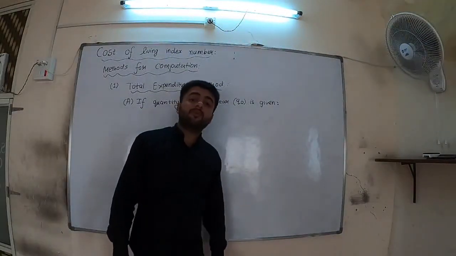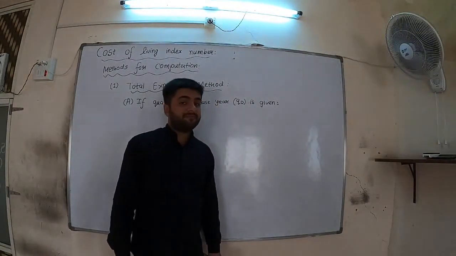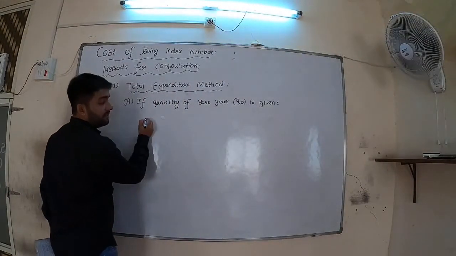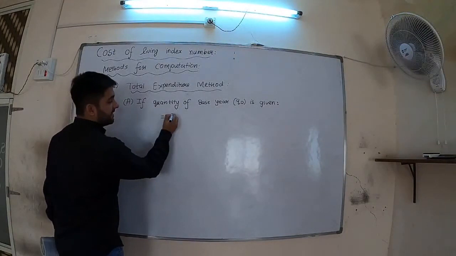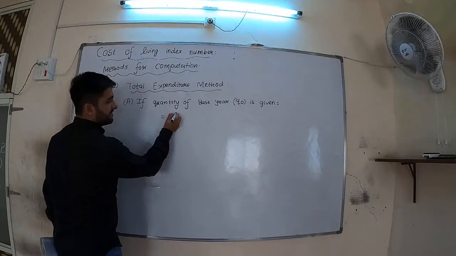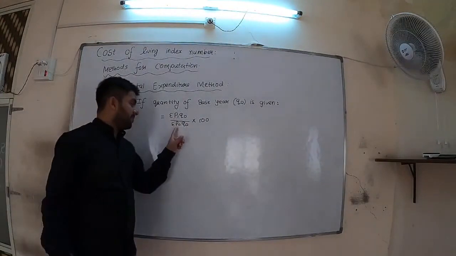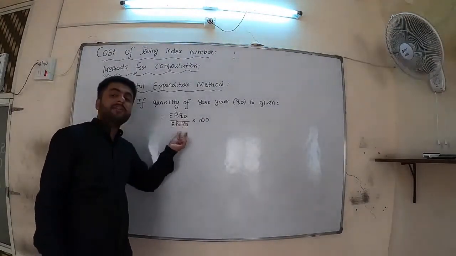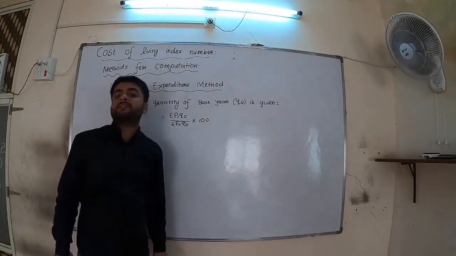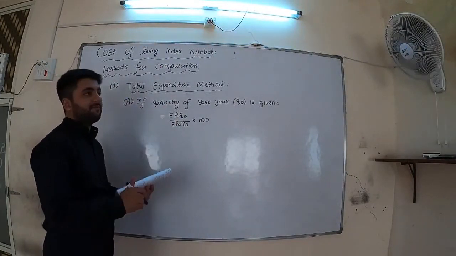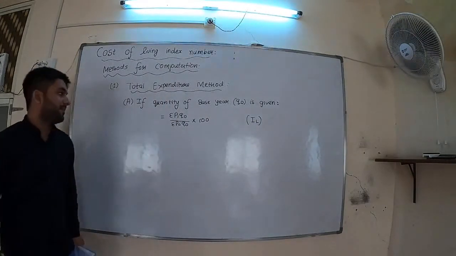In which formula was Q0 used? It was used in Laspeyres. So now we don't need to write L because this is not Laspeyres, just a cost of living index. Sigma P1 Q0 divided by sigma P0 Q0 multiply 100. P1 upon P0 into 100 is the same; the only difference is Q0, as I explained when explaining Laspeyres and Paasche. So if the quantity of base year is given, then this means Laspeyres' formula.